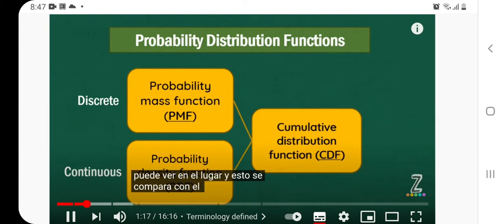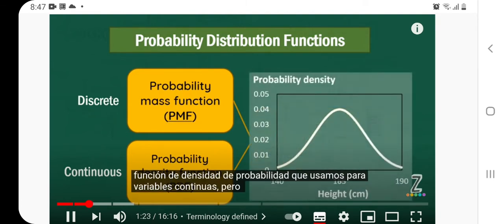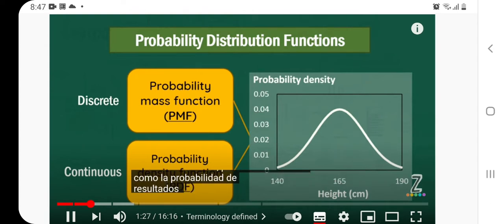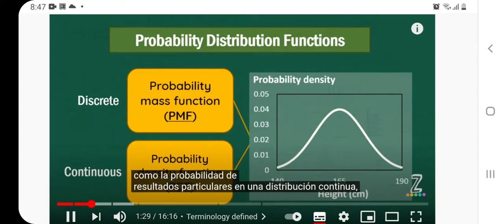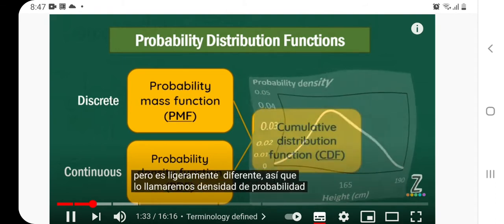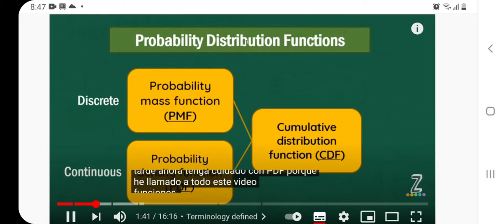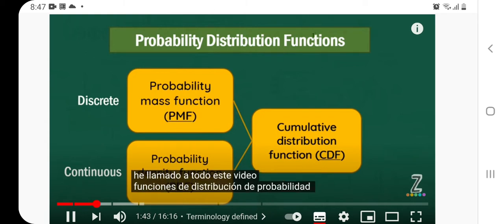And this compares to the PDF, or probability density function, which we use for continuous variables. But again, it's just like the probability of particular outcomes on a continuous distribution. But it's slightly different, so we're going to call it the probability density, and we'll see why that is a little bit later. Now be careful about PDF because I've called this whole video probability distribution functions.